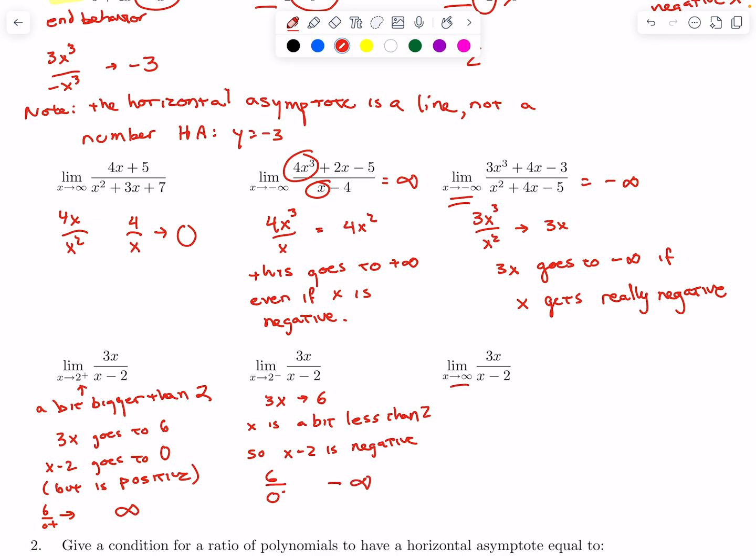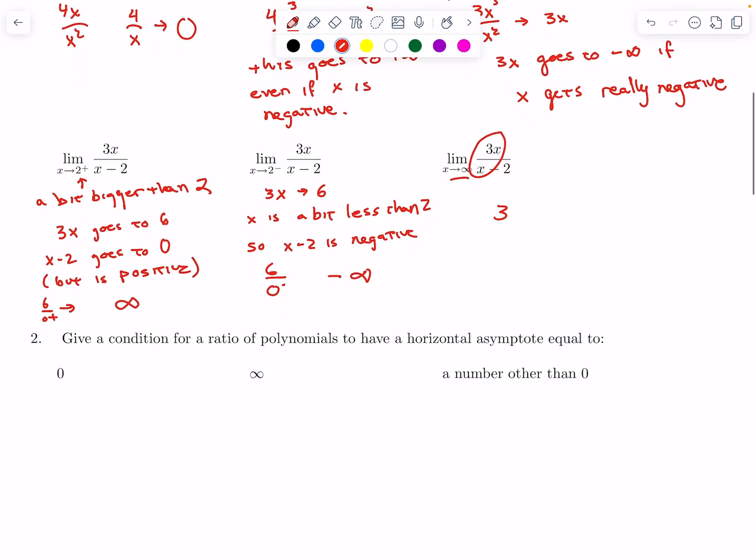If x goes to infinity, if you're looking at the end behavior, we just look at the ratio of the highest powers. So 3 is my limit.